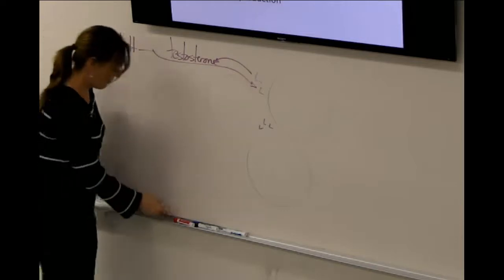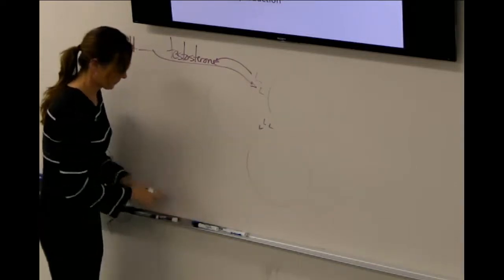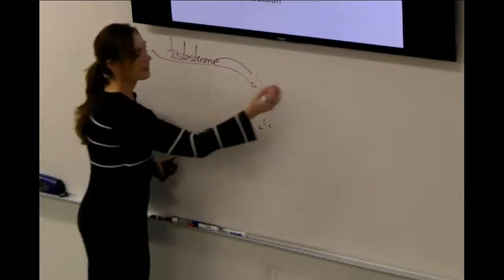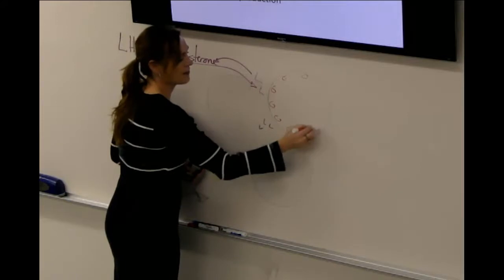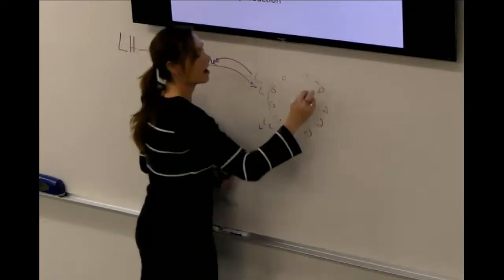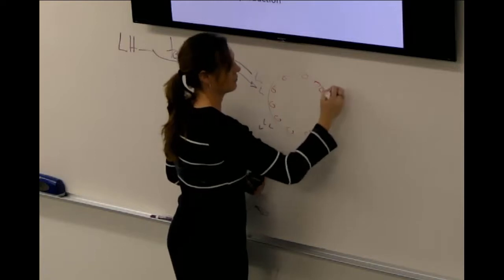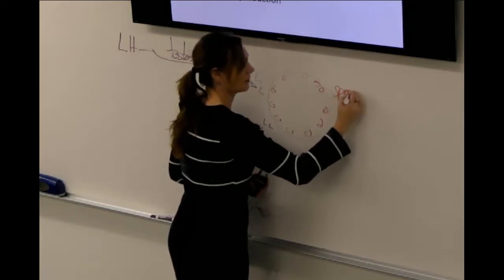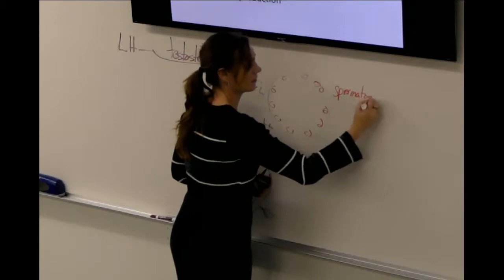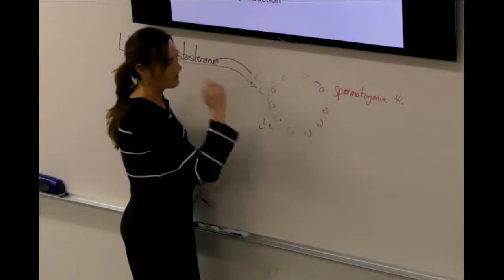Then we have the spermatogonia. The cells in the outer periphery of the seminiferous tubules are sort of the stem cells of sperm, if you will, known as spermatogonia. They have 46 chromosomes.